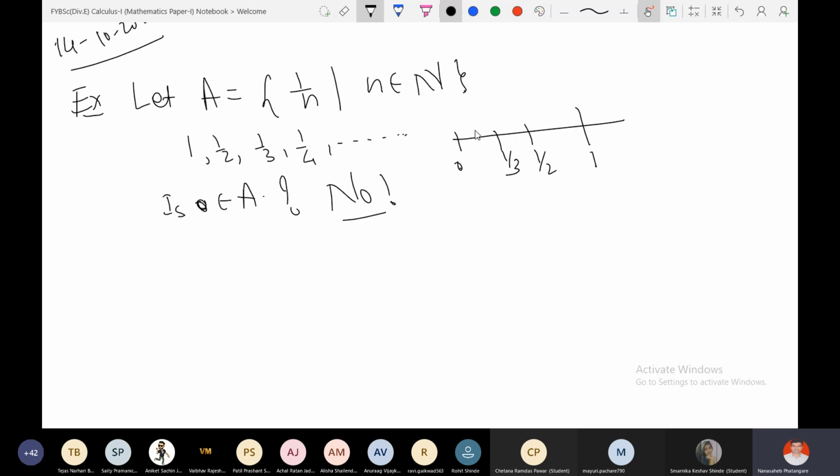But all such type of numbers are in this set. Now, what is the supremum of this set? Sir, if we take n equals infinity, then? Where is infinity? Is infinity a natural number? No, sir.